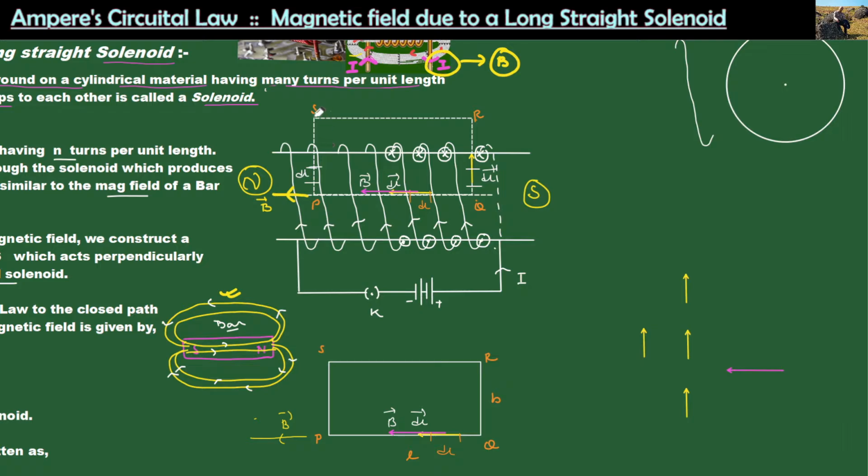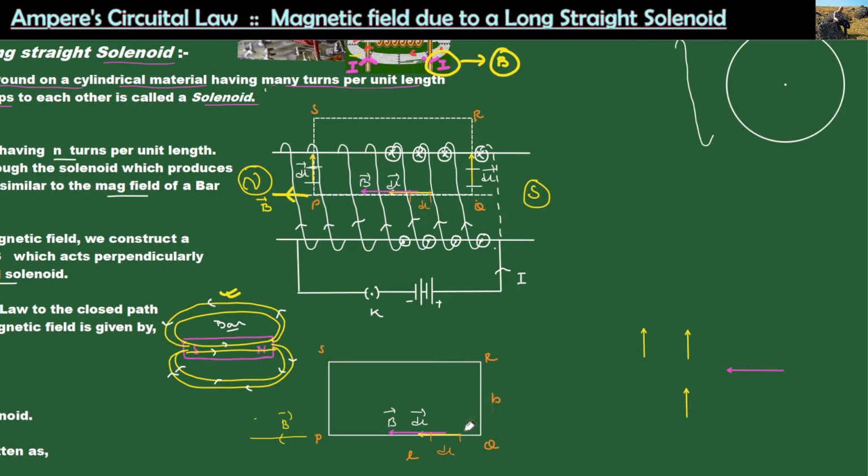And along this arm PS, we will take another element, represented by this yellow colored vector, placed over here. That will be our element vector dl bar.